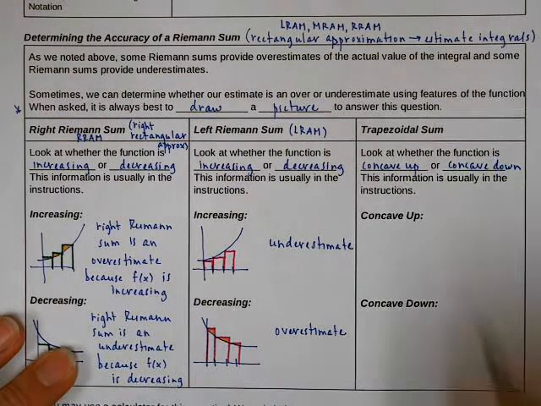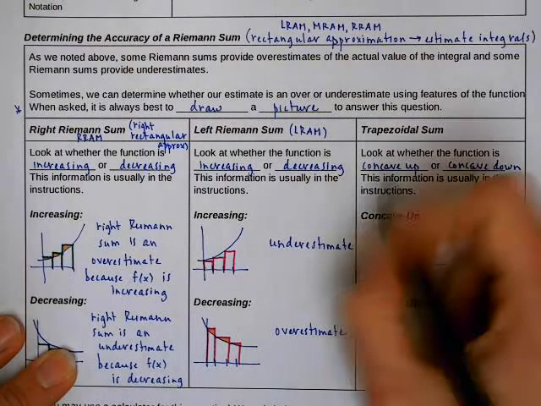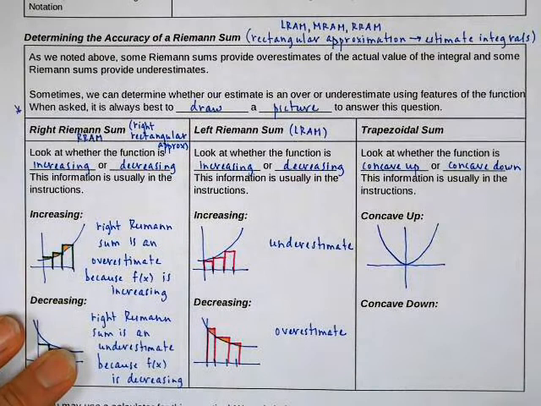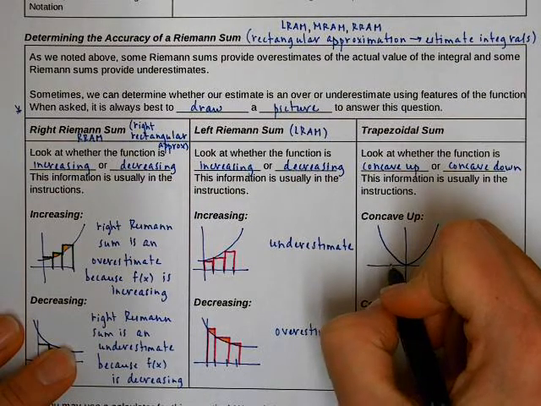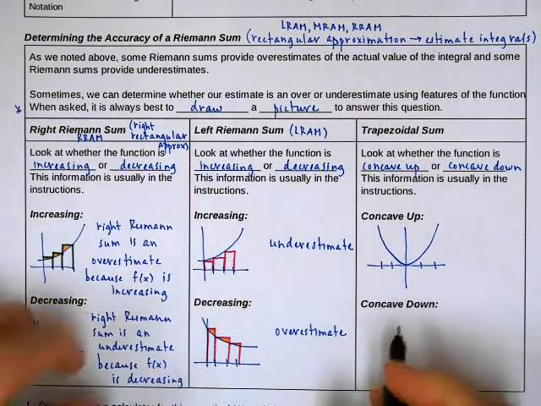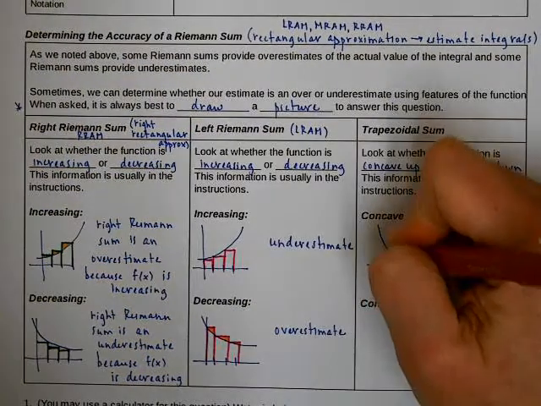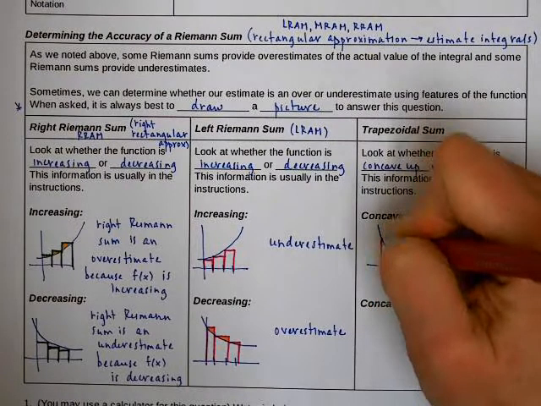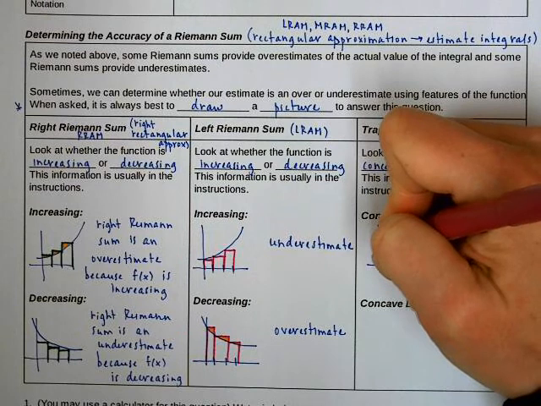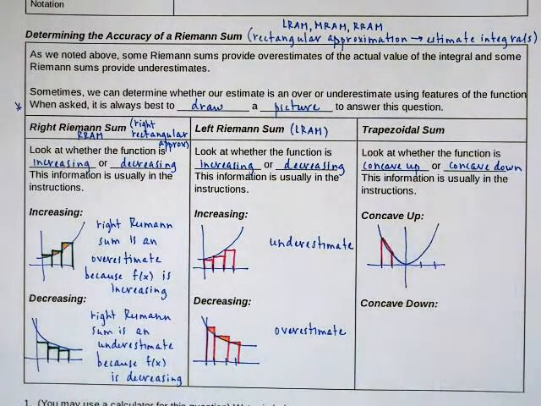If we are concave up, I'm just going to draw a parabola here, let's say, and we'll do a couple subintervals. So now to construct my trapezoids, I need both endpoints of the interval. So I'm going up to here for one base, up to here for one base, and it's not real clear to see, but if I connect those, I'm actually ending up above the curve.